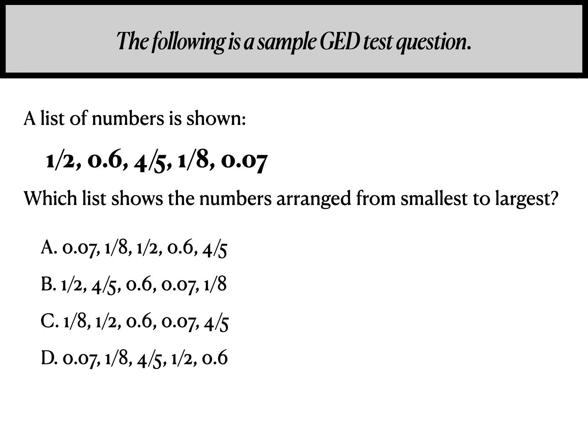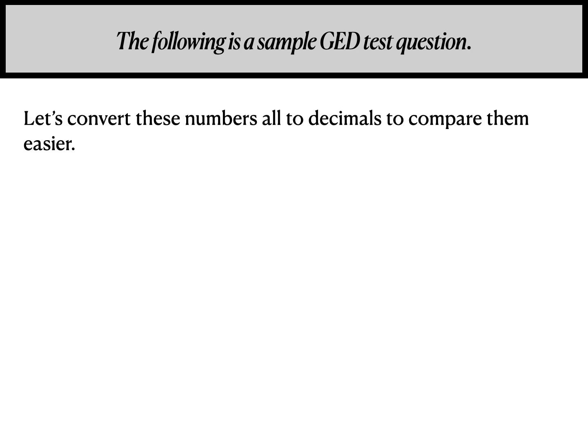You're going to have to get all of your numbers either as decimals or as fractions so that you can figure out which is smallest to largest. And the easiest thing is to convert them all to decimals. So let's convert these numbers all to decimals to compare them easier.